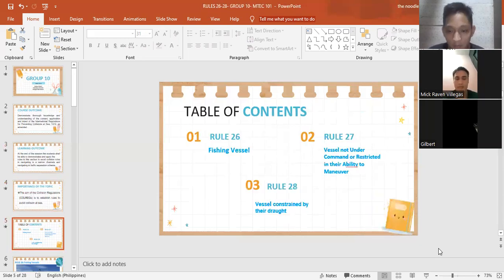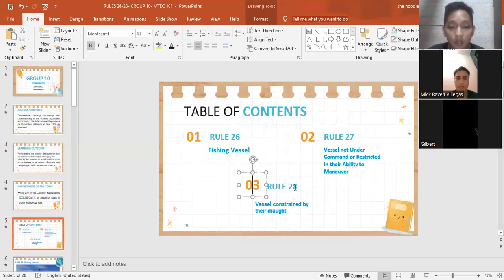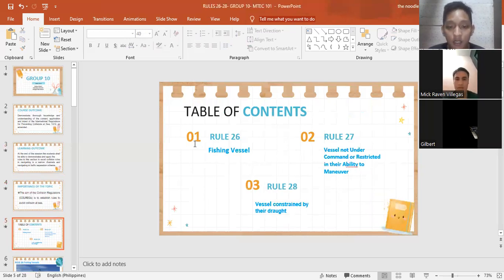For the table of contents, we have three topics: Rule 26, which is fishing vessels; Rule 27, which is vessels not under command or restricted in their ability to maneuver; and Rule 28, which is vessels constrained by their draft.